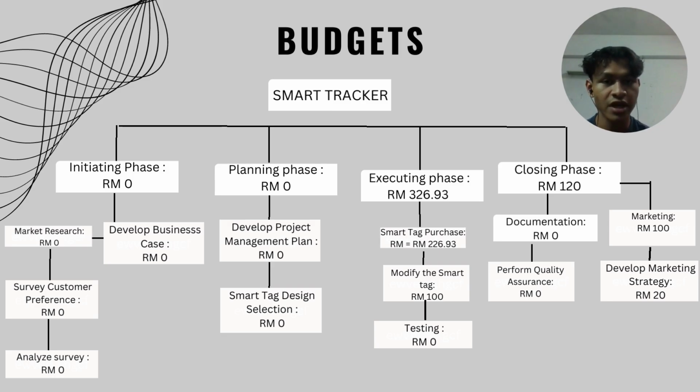And then we have the executing phase. In the executing phase, we have to purchase the smart tech, we have to modify the smart tech, and the last one is we have to test the smart tech.